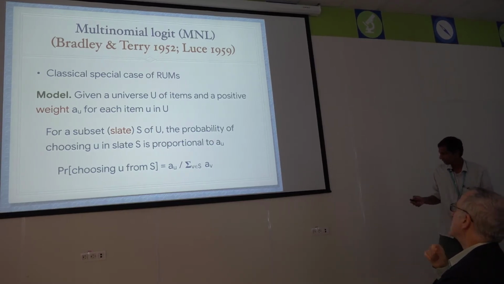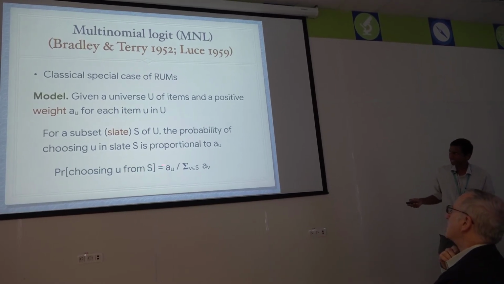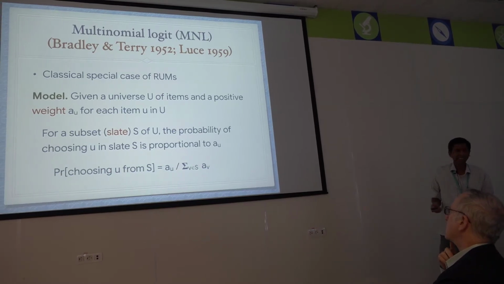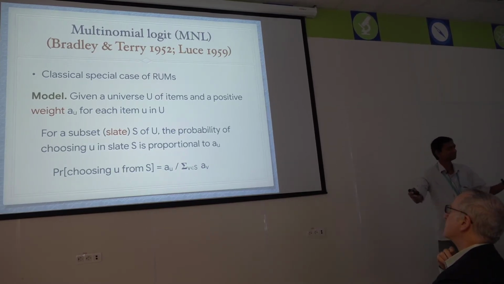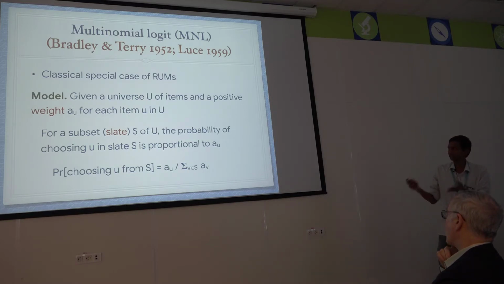So given a slate S, the probability of choosing u is exactly a sub u divided by the sum of a sub v for every v in S. Notice that this is a normalizing factor, because you're given a subset, you restrict your attention to the subset. It's like a conditional probability.